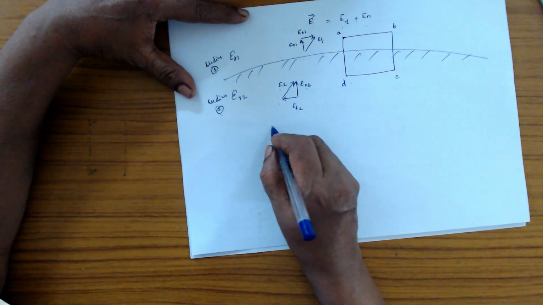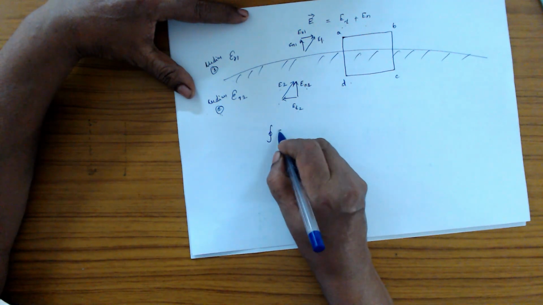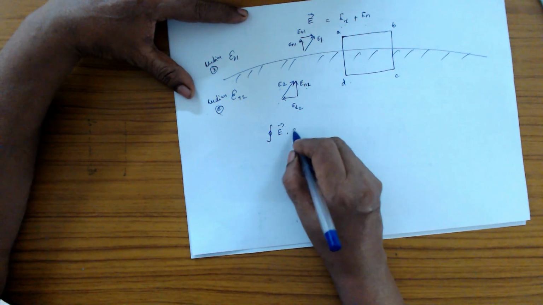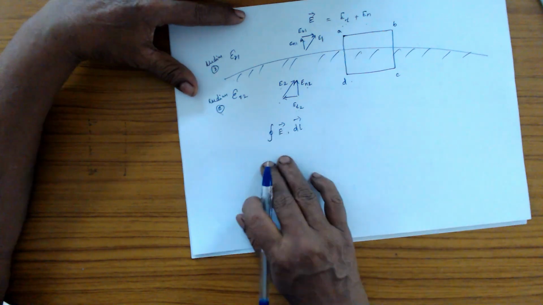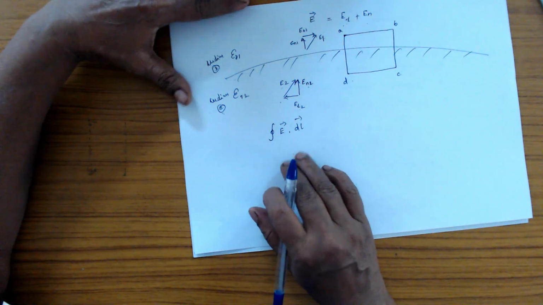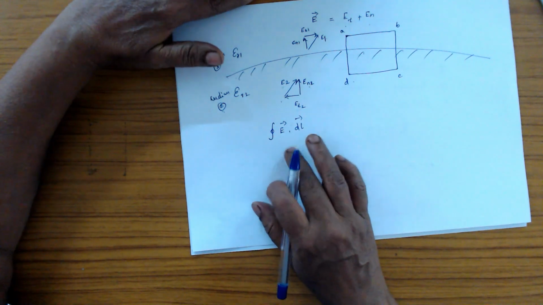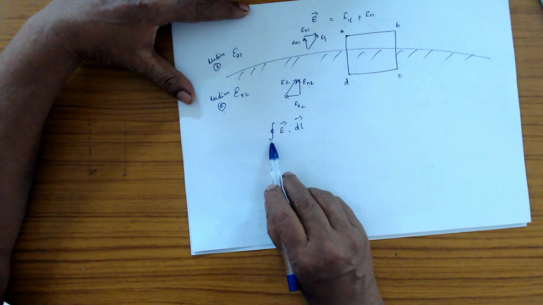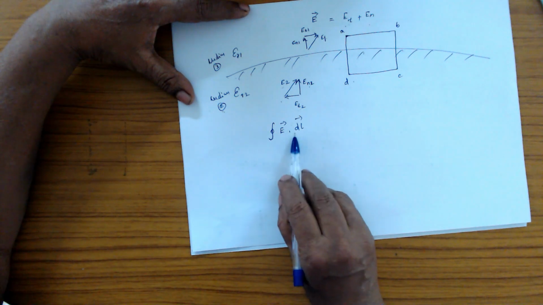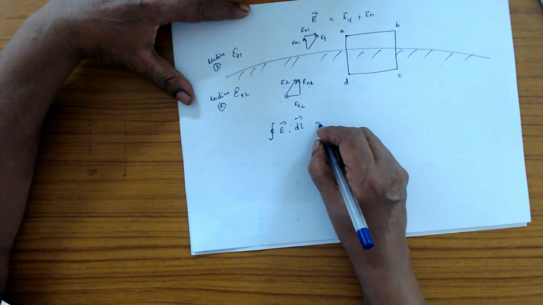So when I take the integration of E dot dl vector, according to Gauss law, this closed integral of E dot dl is equal to 0.